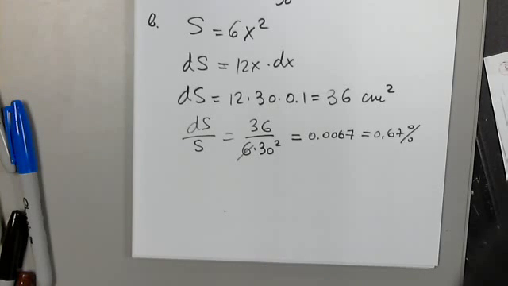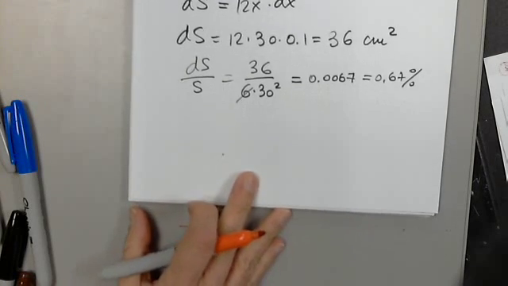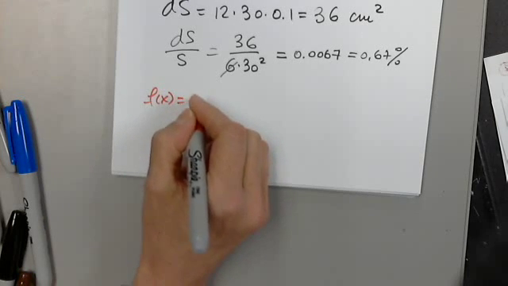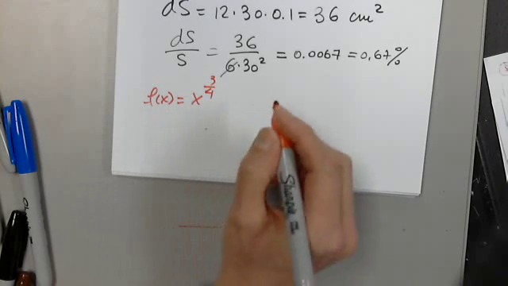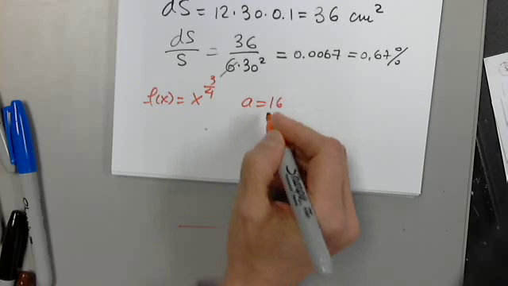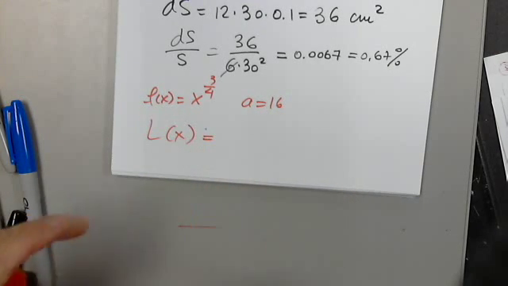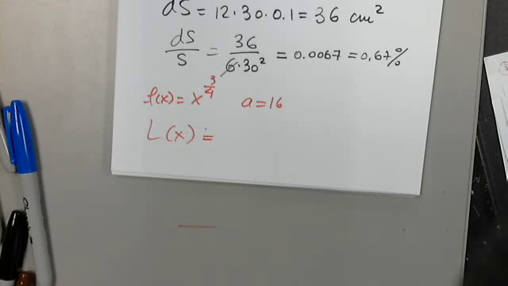Should we do another linear approximation? Okay. So let's say f of x equals x to 3/4 and a equals 16. We want to find the linear approximation. I'm sorry, the linearization. The straight line, the linear function that approximates x to 3/4 near 16.